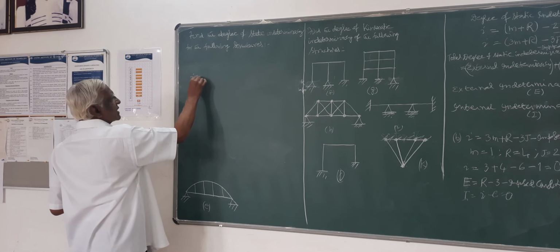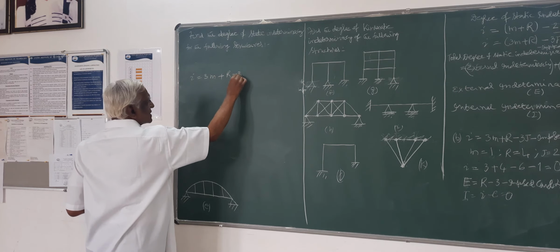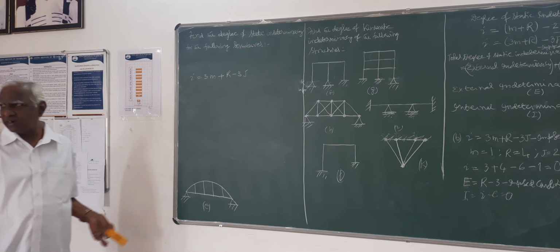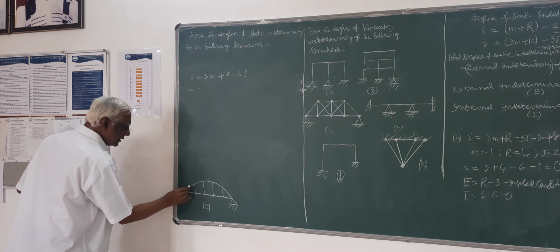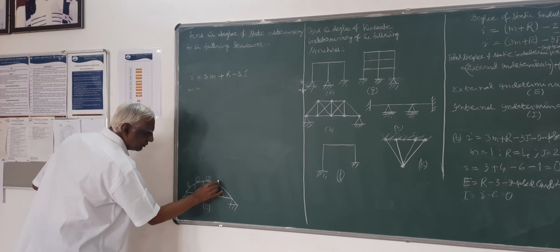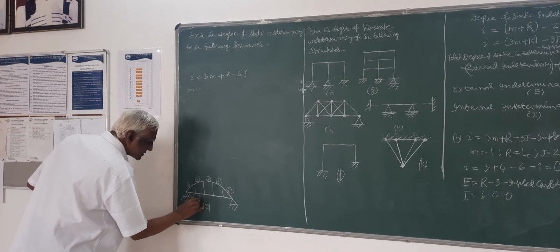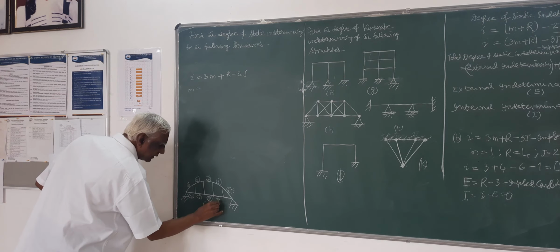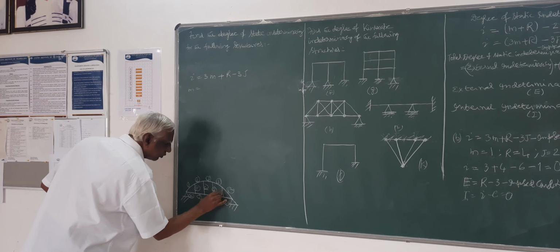Degree of static indeterminacy is again 3m plus r minus 3j. No imposed conditions, forget it. m is the number of members. So 1, 2, 3, 4, 5, 6, 7, 8, 9, 10, 11, 12, 13, 14.